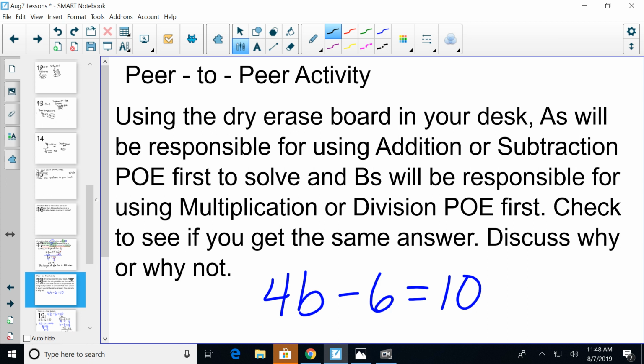I got everything. Your first step has to be after multiplication or division. Let's see if you can figure it out. So you got all.